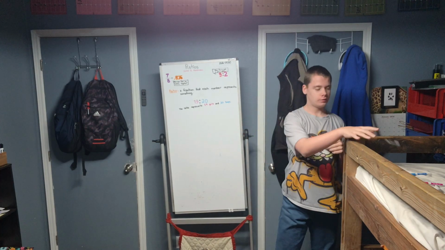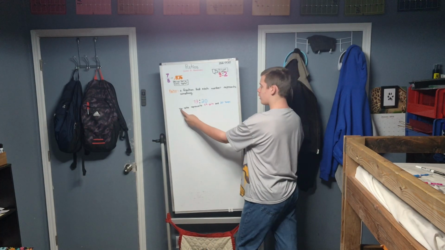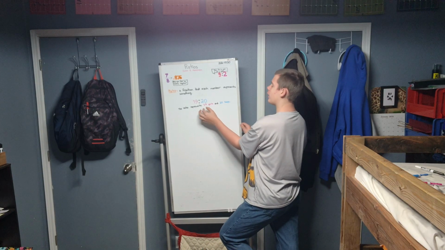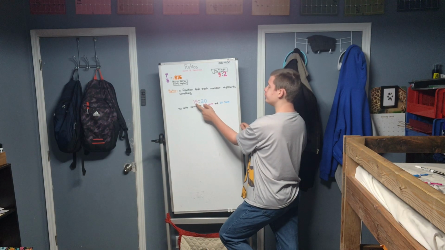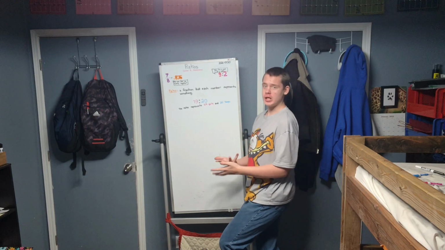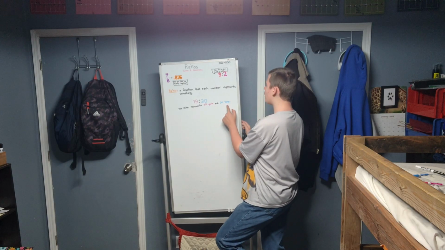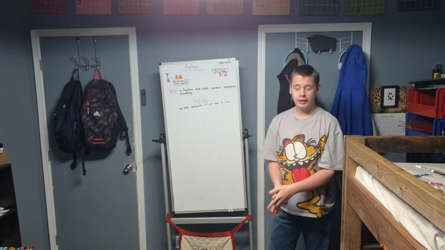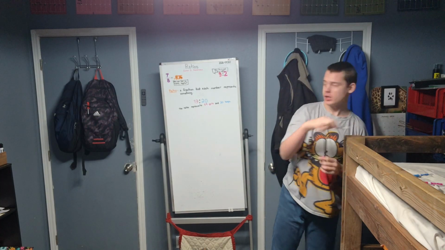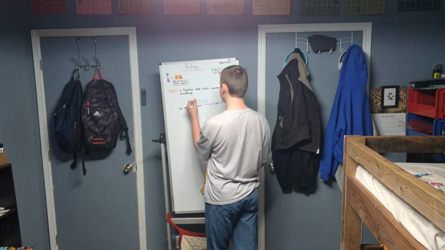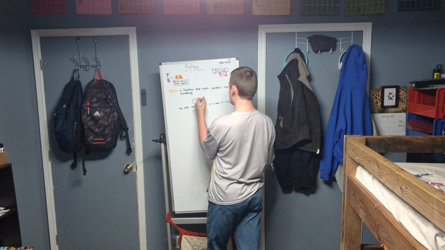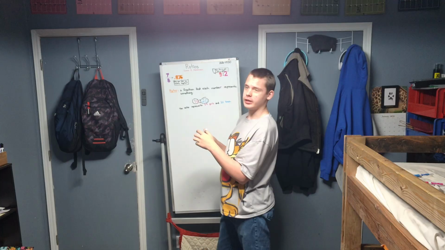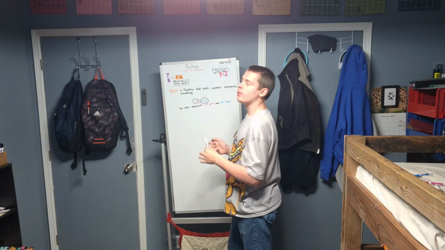So 19 of the girls are out of the 39, and 20 boys, which is 20 out of the 39. So we could turn these into fractions. This number out of 39 and this number out of 39 could be simplified, but I don't think it can be.